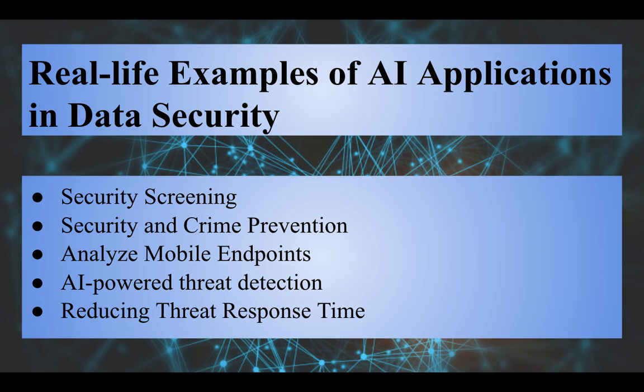Zimperium and MobileIron announced a collaboration to help organizations adopt mobile anti malware solutions incorporating artificial intelligence. The integration of Zimperium's AI based threat detection with MobileIron's compliance and security engine can address challenges like network, device, and application threats.